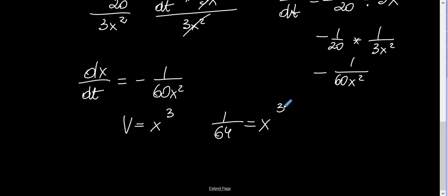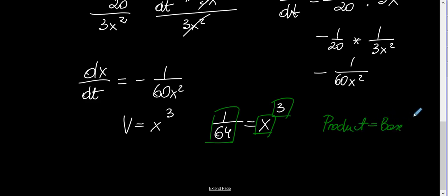How do I eliminate power of 3? Very quick reminder again, our product, base and power. So when I have product, that equal base and power. I'm looking for the base, so I take my power. That tells me the number of the root.